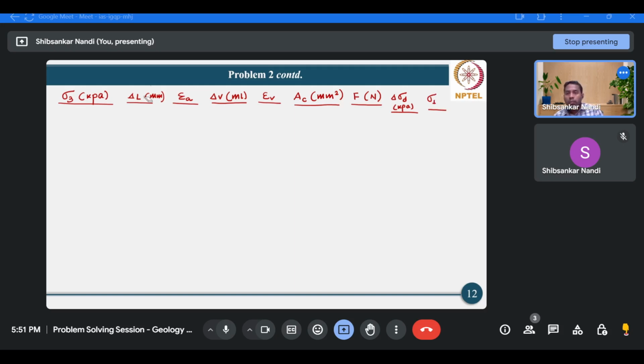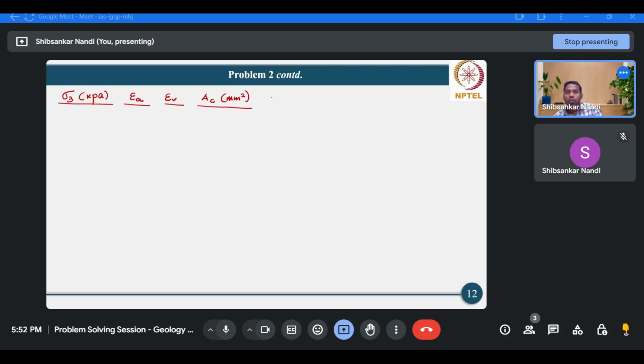Let me shorten this table, otherwise we'll miss two important entities. So we'll start with epsilon directly: epsilon v, epsilon a, delta sigma d.